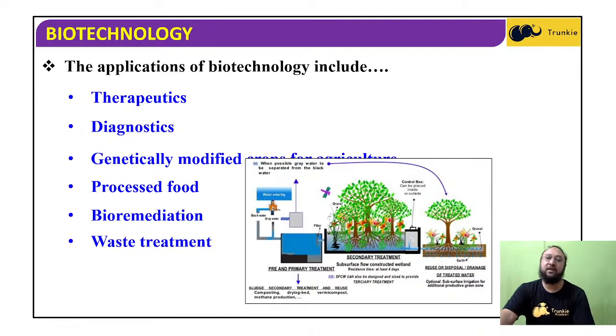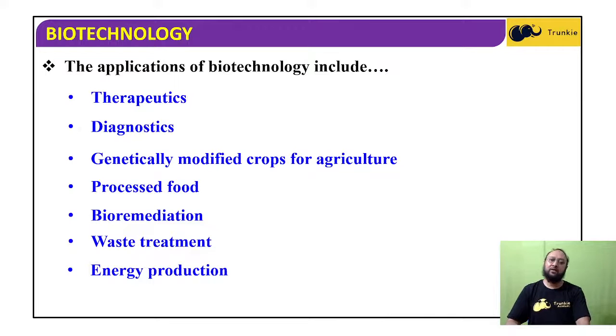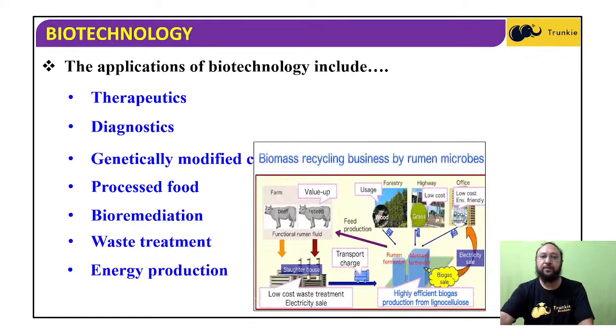Waste treatment. Different kinds of wastes are produced. We know that there are hospital waste, medical waste, domestic waste, industrial waste, urban waste, so many different types of waste. All these wastes are treated with the help of biotechnology, and there is also energy production with the help of biotechnology.